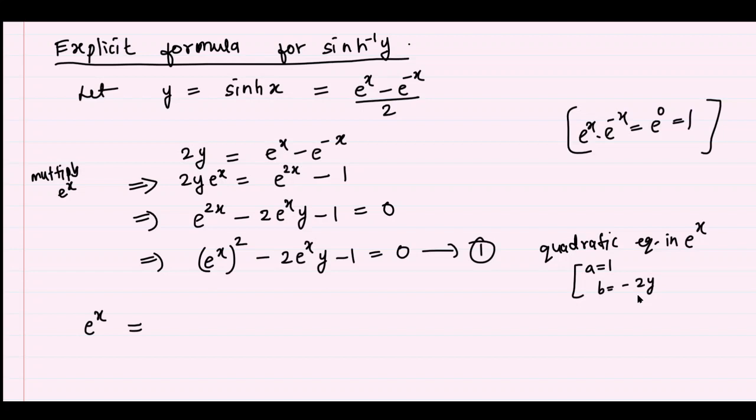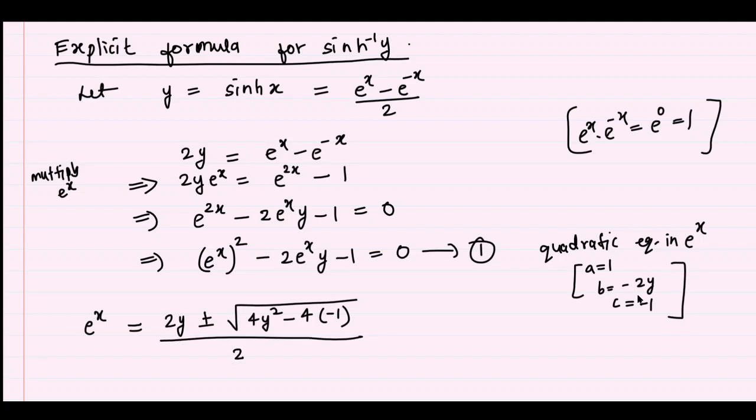So we have minus b. So the minus b will get 2y plus or minus root of b square. So b square is 4y square, minus 4ac, a equal to 1, c equal to minus 1, whole divided by 2a. A is 1.